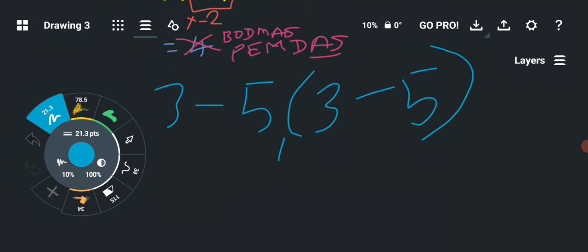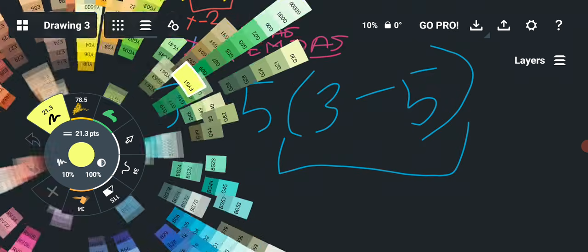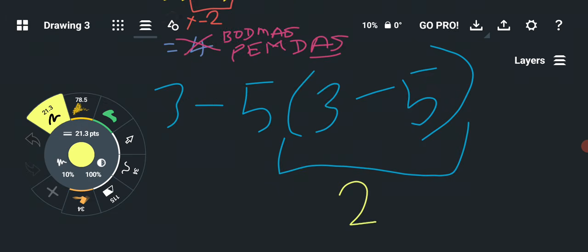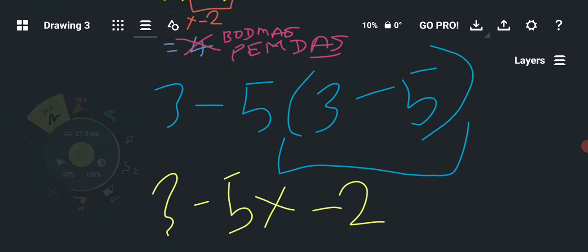So 3 minus 5 gives us minus 2. Okay, and then multiplication, minus 5 and 3.